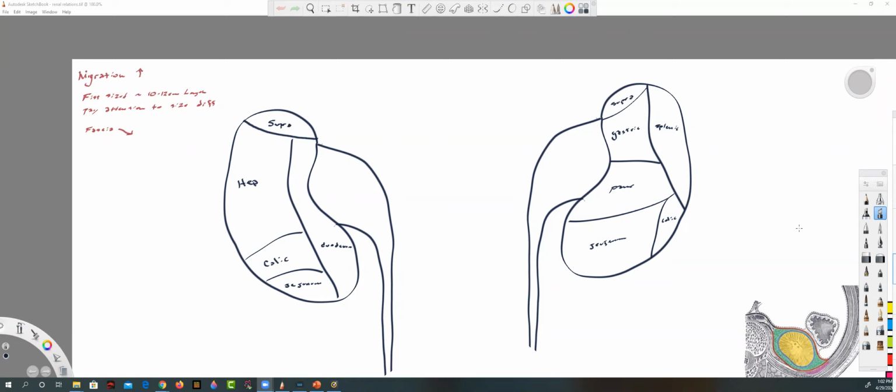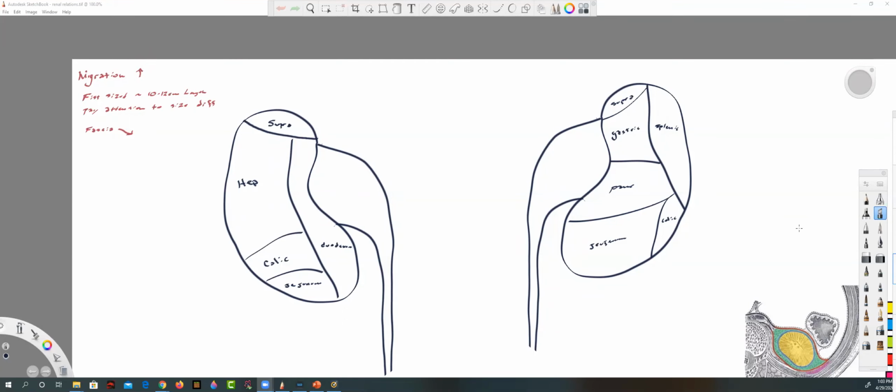All right, kidneys. Kidneys are interesting. We'll talk about normal kidneys first, but some of the anomalies we have are ectopic kidneys. In other words, a kidney in the wrong place. And like so many other ectopics, it's because of migration.